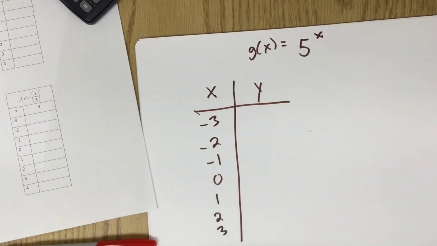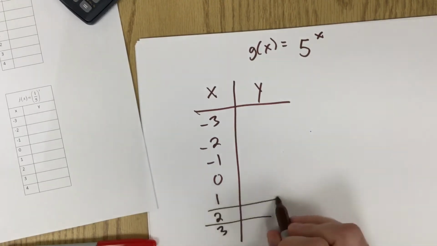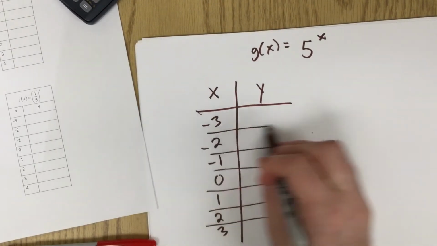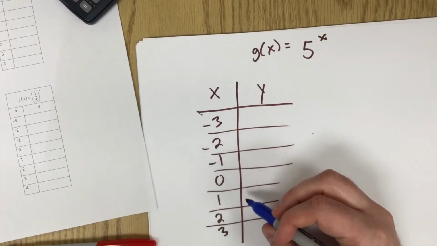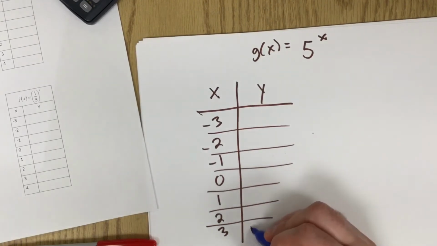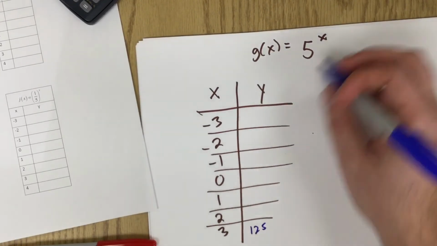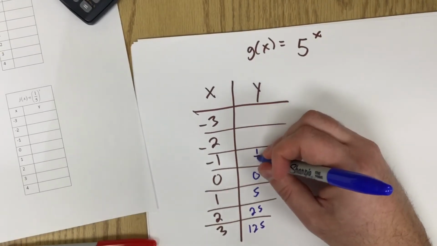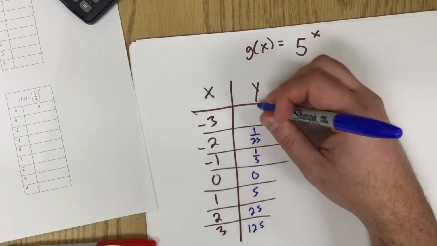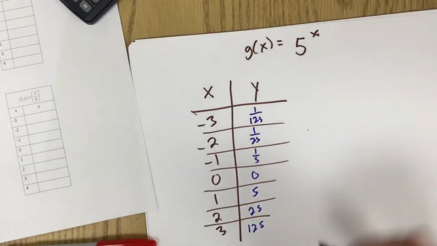Let me put some lines in. What we're going to get is 5 to the 3, which is actually 125. 5 to the 2 is 25. 5 to the 1 is 5. 5 to the 0 is 1, then a fifth, a 25th, and 1 over 125.